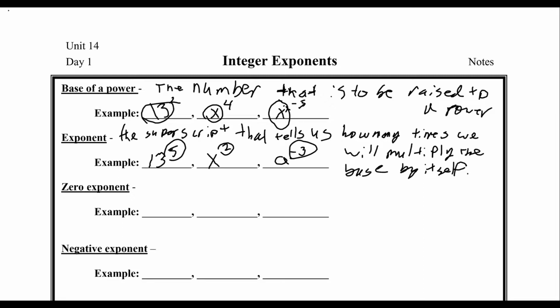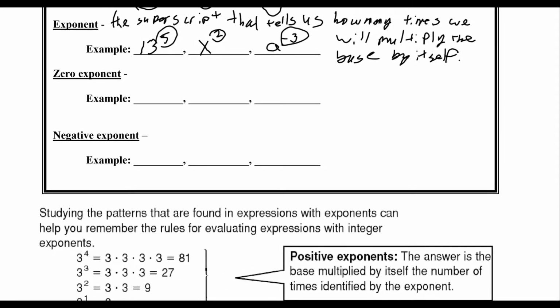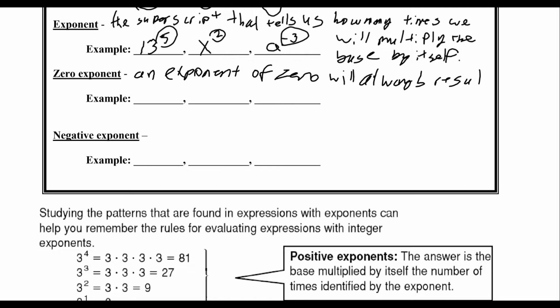Now, we got some special occurrences here. 0 exponents. Okay? An exponent of 0 will always result in 1.